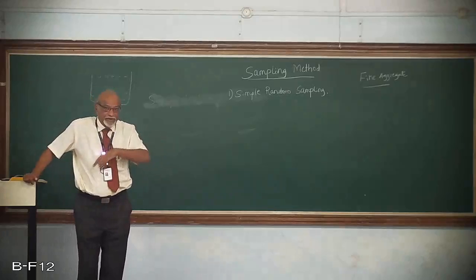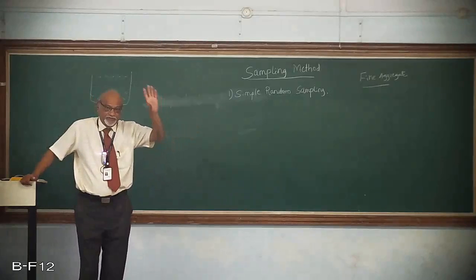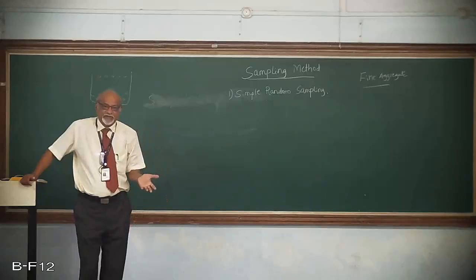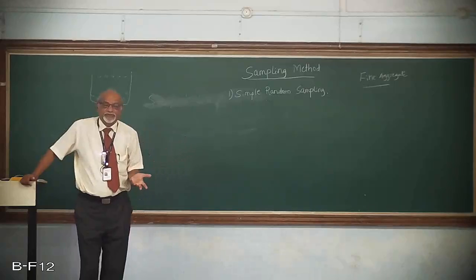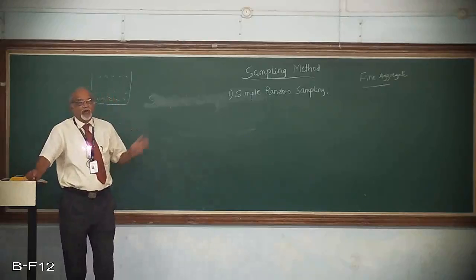Or if they are numbered, just mix them and then refer to a random number table or whatever it is, item number 5, pick up that. So simple random sampling is what we mean. If they are small numbers, we can pick up like that. It depends on the lot size.